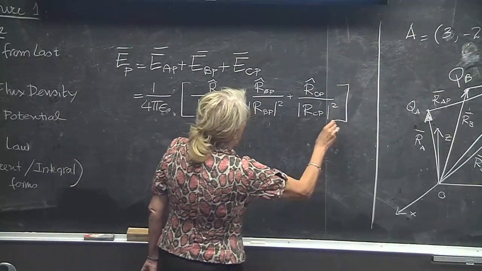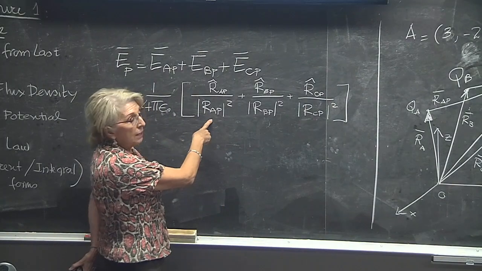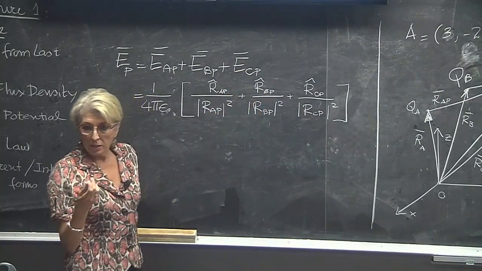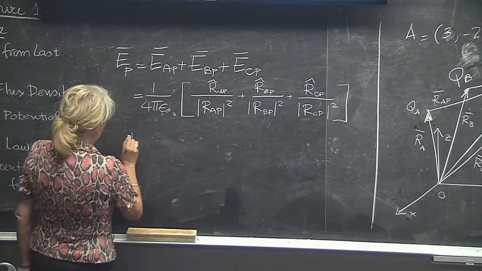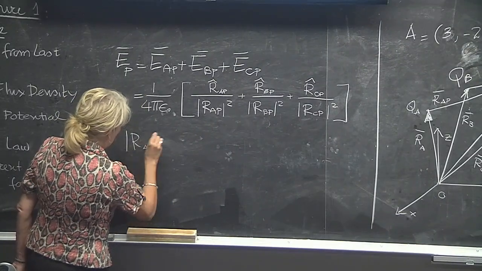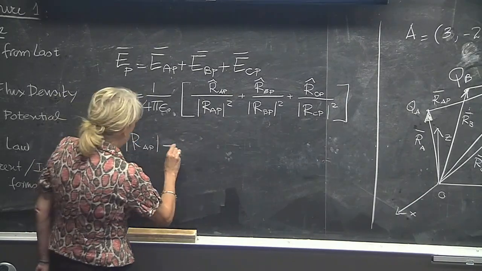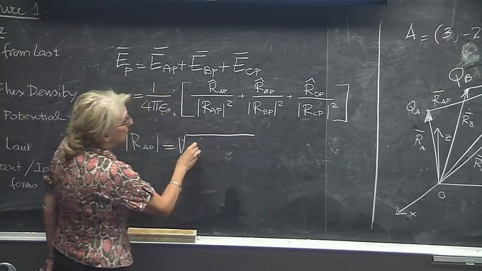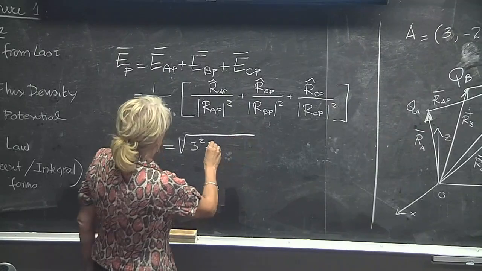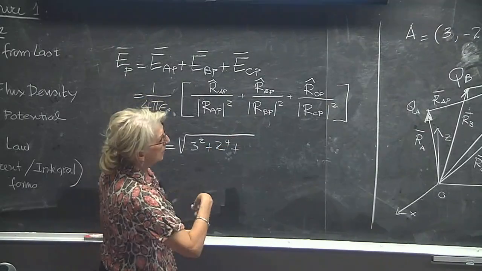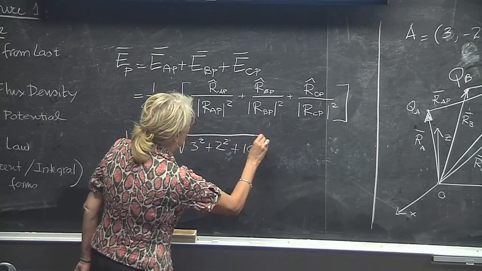Now, do I know these, the denominators? If I know the vectors, do I know their amplitudes? RAP is the square root of amplitude square. I'll leave it like this and then I'll put the square. Equals, do you remember that? Which for that will be 3 to the 2nd plus 2 to the 2nd plus 10 to the 2nd.